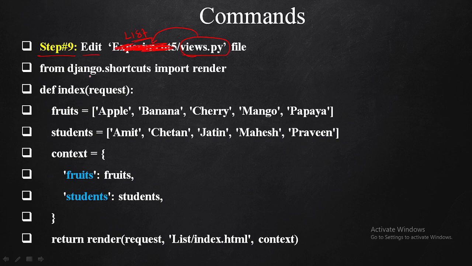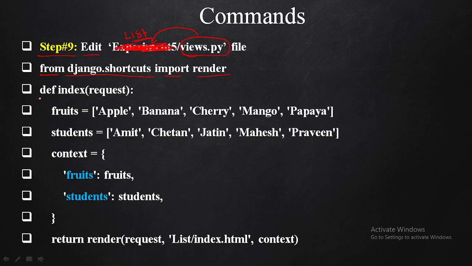Okay, so from django.shortcuts import render. Render is a function which generates an HTML output file by using a template and context.